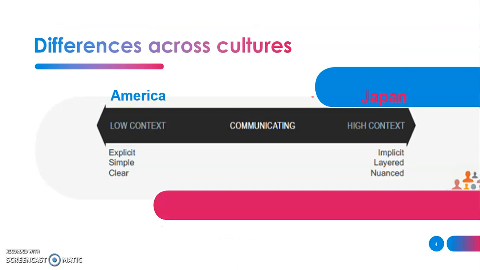So, differences across cultures. This scale right here is from Erin Myers. She's the author of The Culture Map. A video I watched of her is also referenced here. So in America, communication is low context. It means it's simple, it's clear, it's explicit.